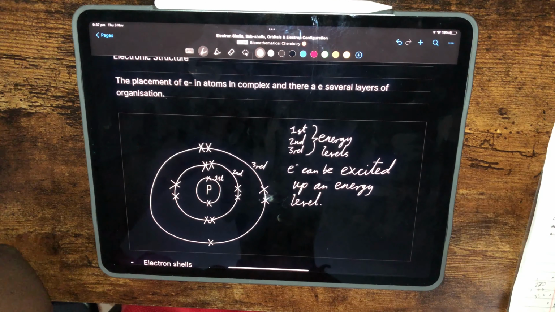So orbitals. Subshells are composed of orbitals, and orbitals in the same subshell have the same energy. Each orbital can hold a maximum of 2 electrons. So as I said before, a shell of a given number n will have n subshells.